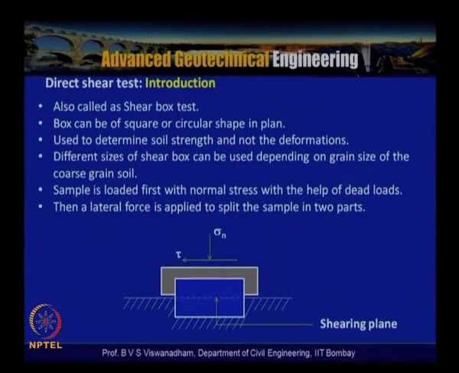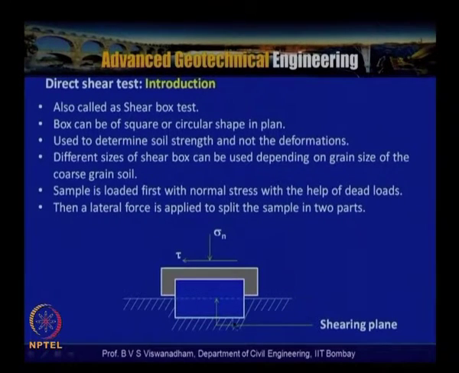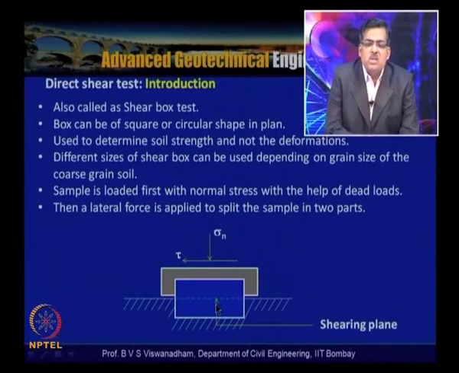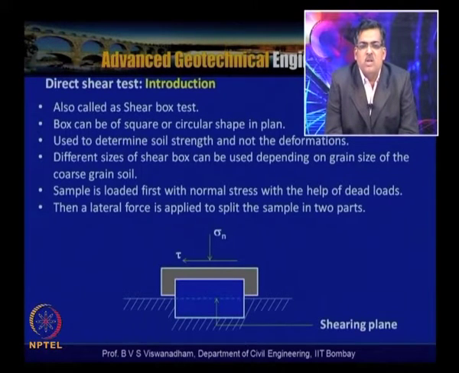The sample is loaded first with normal stress and then subjected to a shear force, so that the shear is induced along a predetermined failure plane. This method of testing also makes it possible to determine interface parameters, like when we have two different materials, let us say a pile interacting with the soil, or a retaining wall interacting with the soil, and we would like to have the interface friction angle.